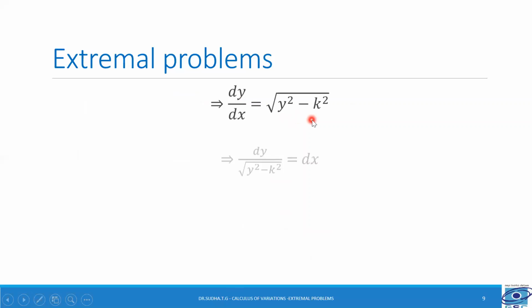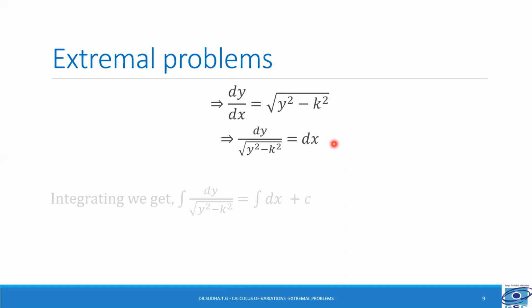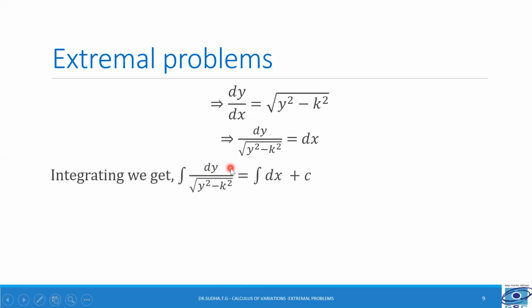Separate the variables here. You get dy by root of y square minus k square is equal to dx. Now on integration, we get integral dy by root of y square minus k square equal to integral dx plus a constant of integration c.